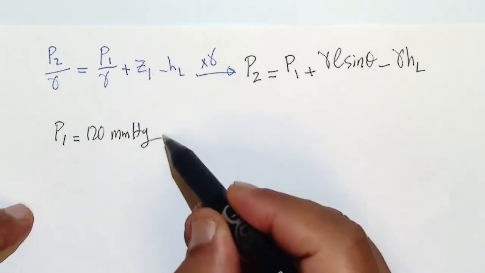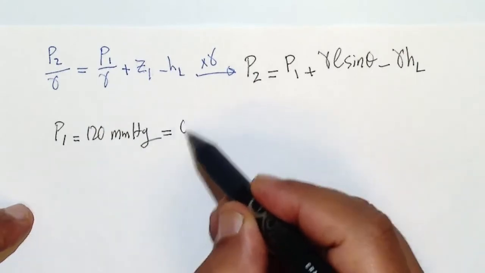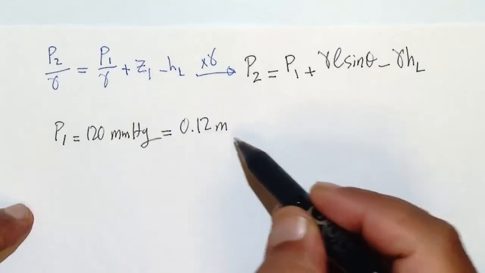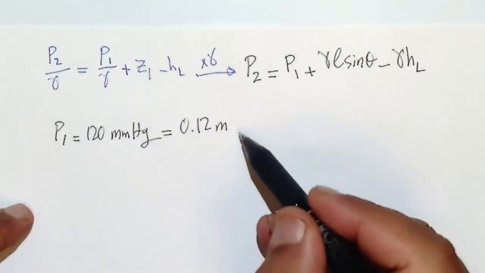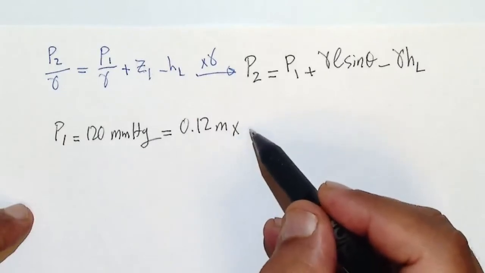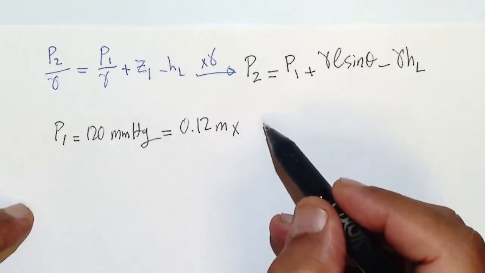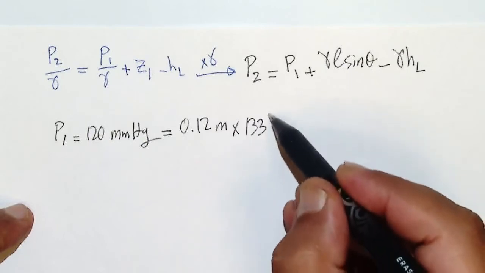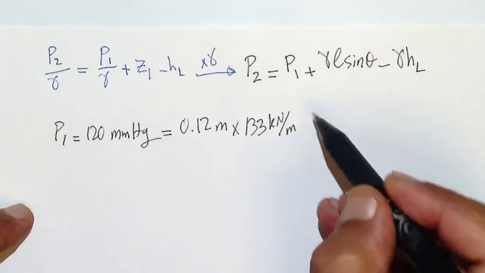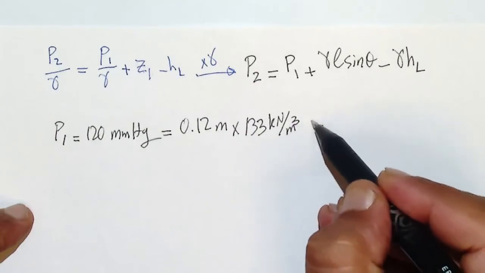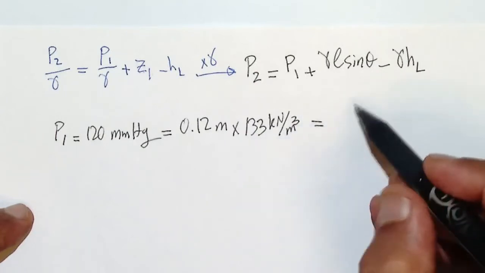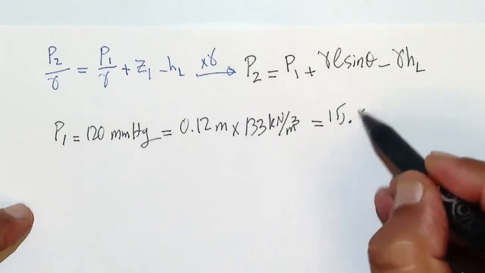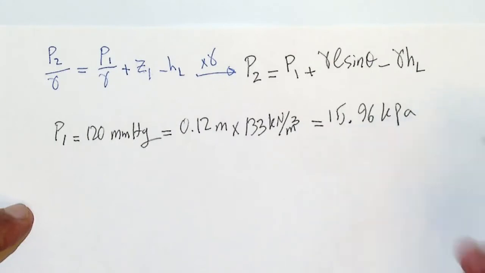So you can find it out by multiplying 0.12 meter, which is 120 millimeter, times the gamma of the mercury, which is 133 kilonewton per meter cube, right? If you find it out, then P1 is going to be 15.96 kilopascal.